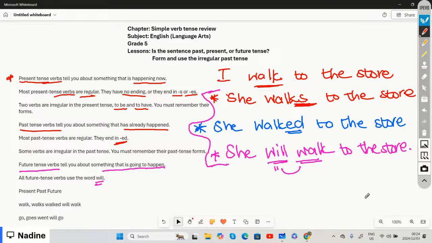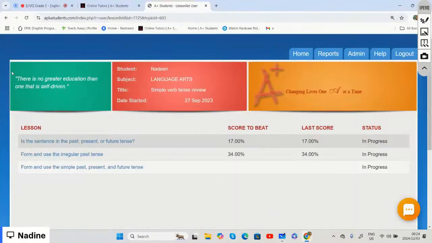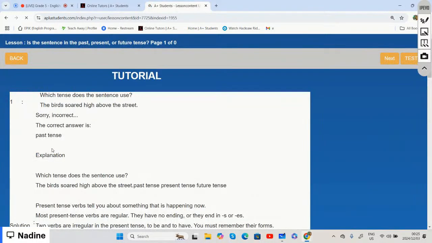All right, so now we're going to aplusstudents.ca, and we're going to continue on simple verb tenses. The first lesson is: is the sentence in the past, the present, or future tense?